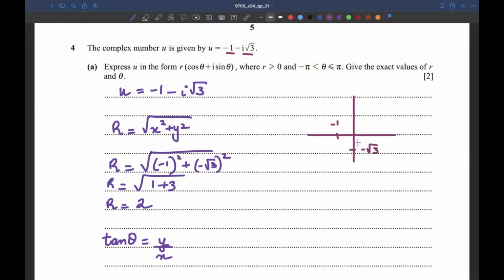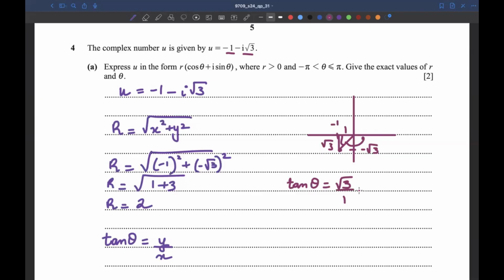So as it is in this quadrant, this argument or this angle theta will be a negative value. So first we'll find this angle over here, and we can apply, so this is root 3 and this is 1. So tan theta is equal to root 3 upon 1. So theta will be tan inverse of root 3.